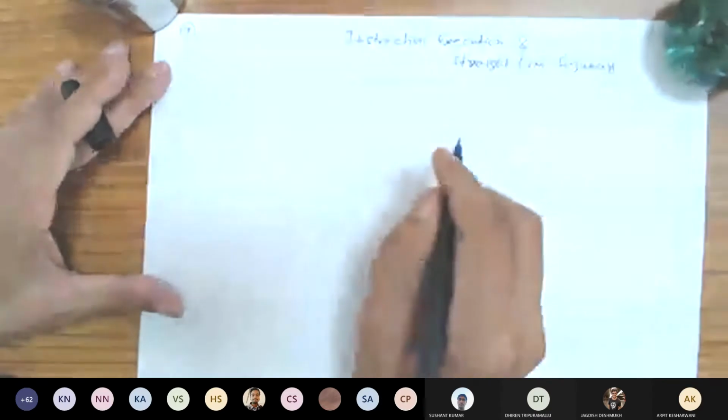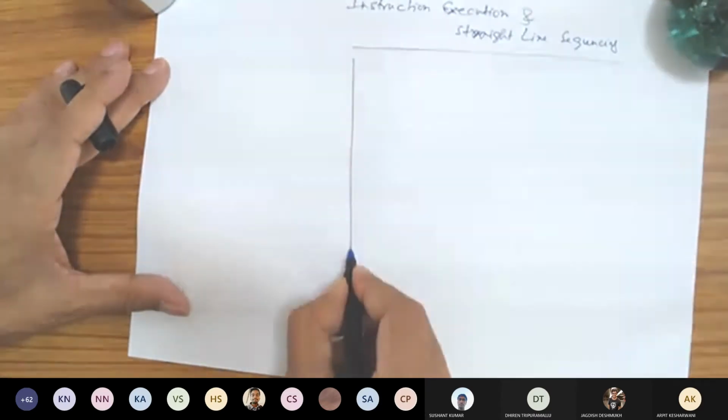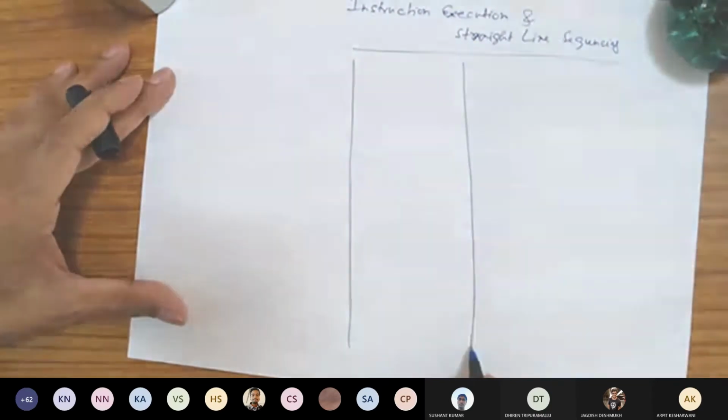At present, we are only executing in a straight line. The code that you have written here should be stored in the memory.